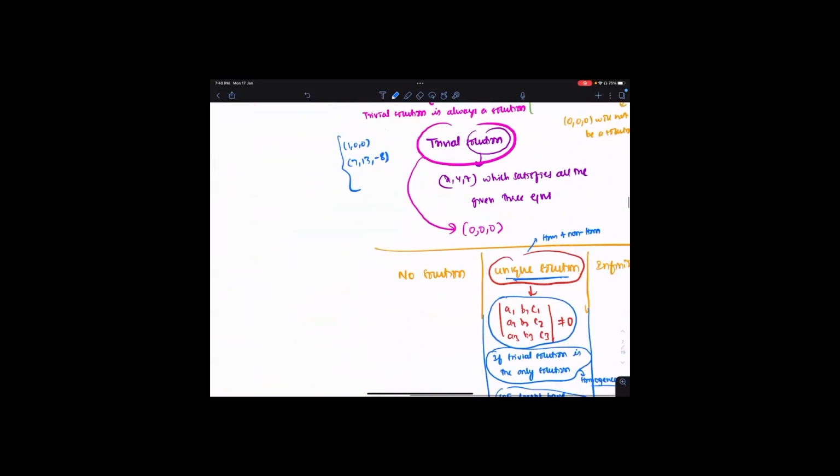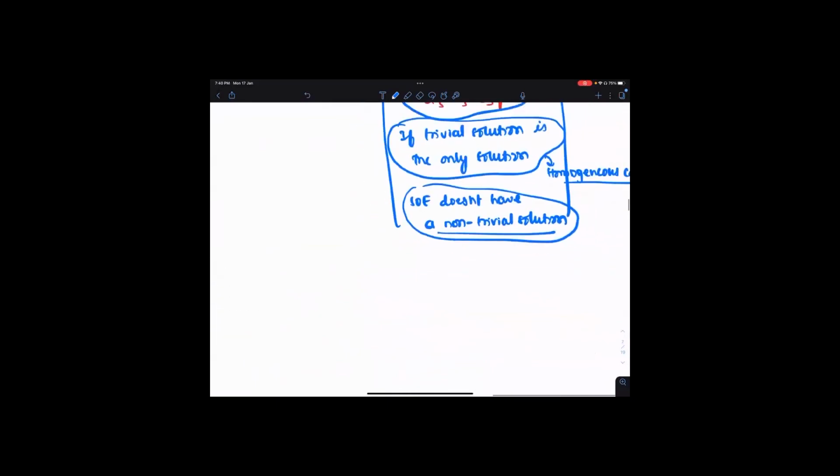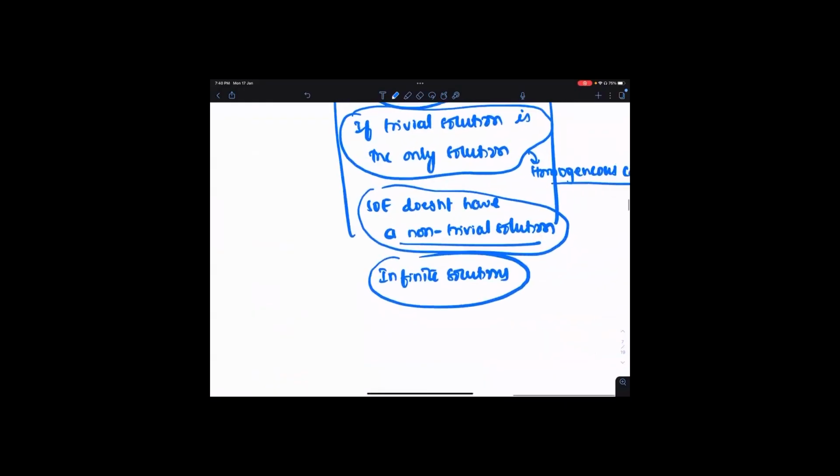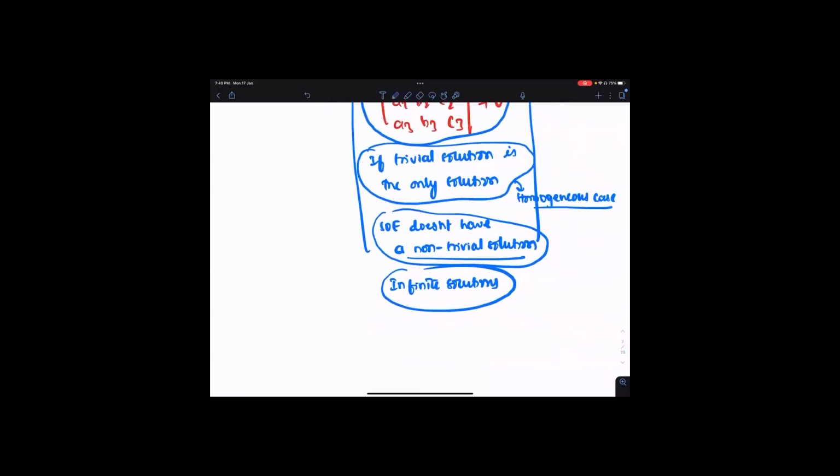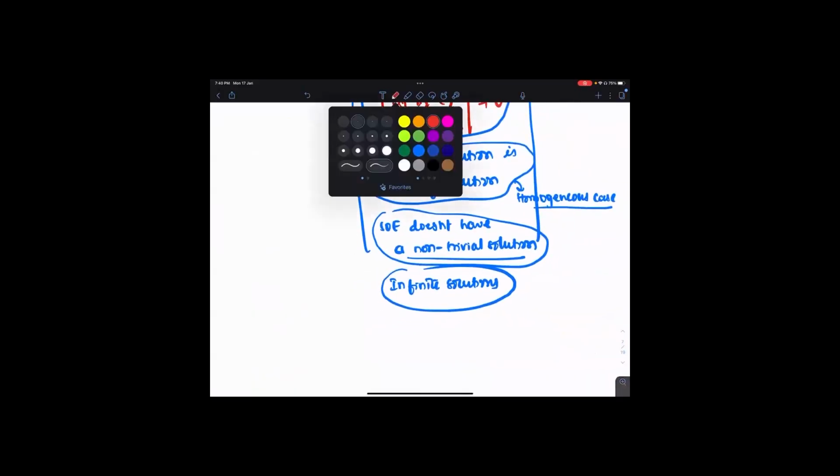Now, there is another word also. They will say infinite solutions. All these three mean exactly the same when it comes to homogeneous case.